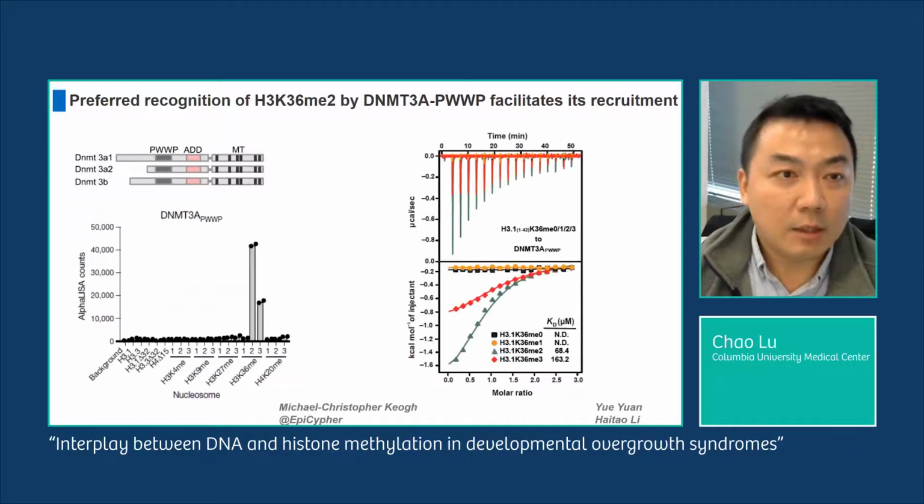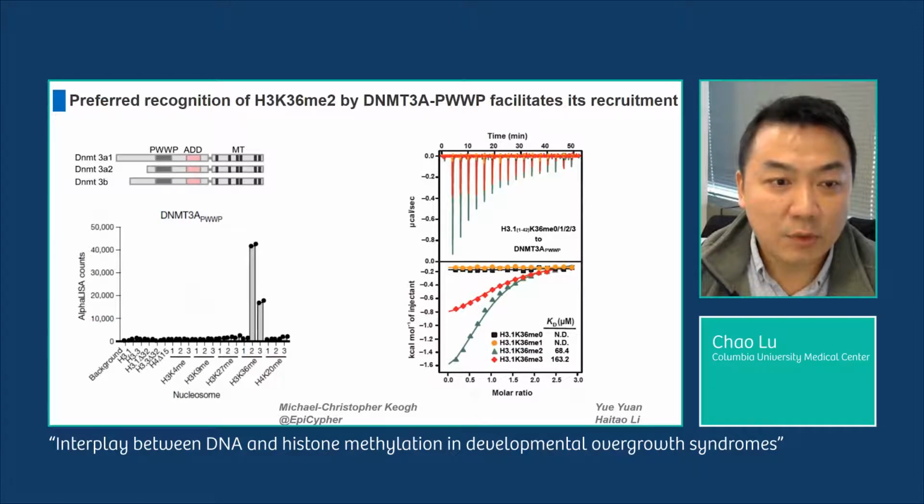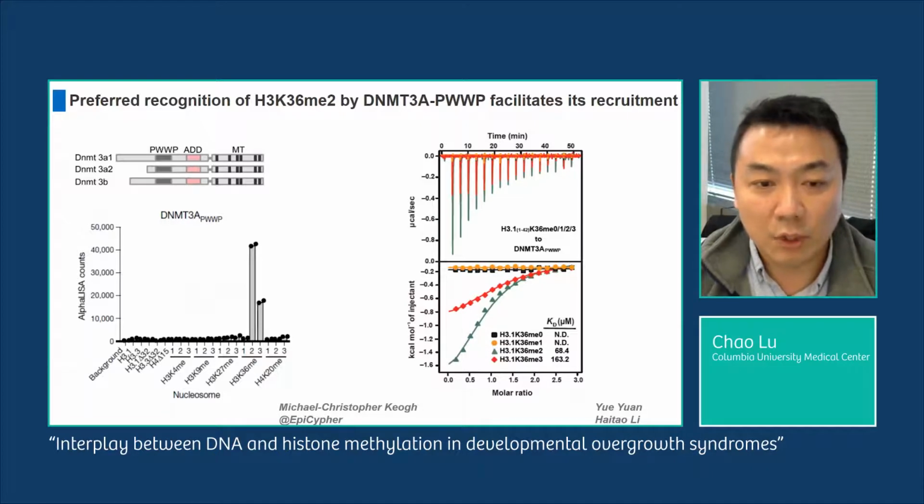When we isolate the PWWP domain of DNMT3A and subject it to a binding assay with a panel of recombinant nucleosomes carrying different forms of histone methylation, as shown here on the bottom left panel, we observe a very specific interaction of the DNMT3A PWWP domain with H3K36 methylated nucleosomes, and specifically we observe preferential binding of the DNMT3A PWWP domain to the H3K36 dimethylation modified nucleosome relative to the trimethylation.